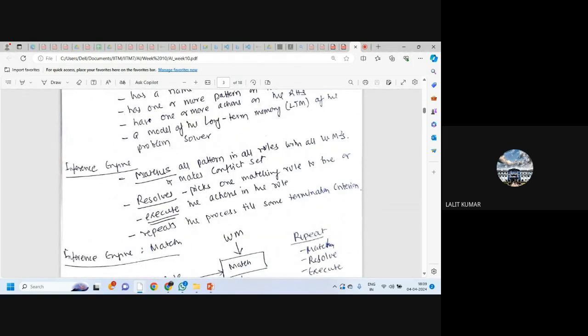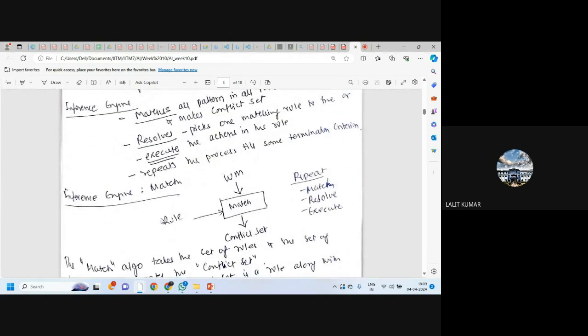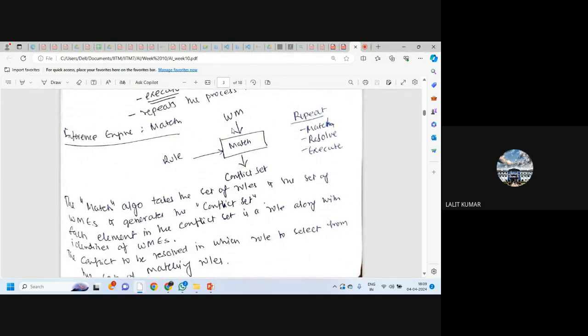Here I have covered in detail, for example, that the inference engine matches, resolves, and repeats. When it matches, it takes the patterns from the working memory, checks the rules, and matches. If we see the rudimentary or brute force view, then in every cycle, because the working memory is changing, we have to carry out that match.